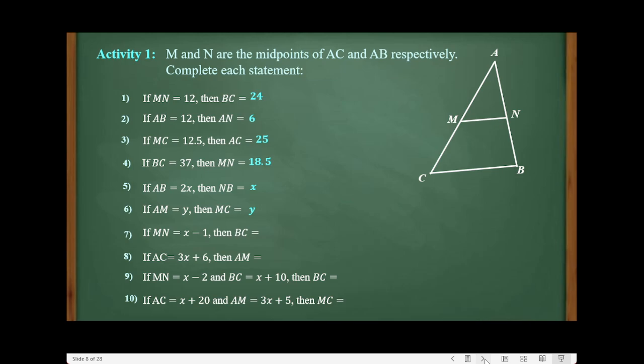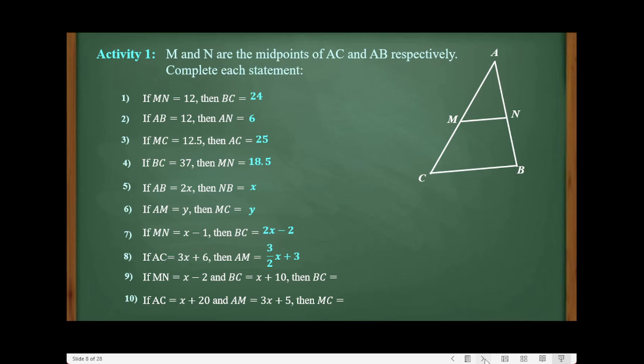So what do you think would be the length of BC? It's 2x minus 2. If AC is 3x plus 6, what is AM? 3 halves x plus 3.